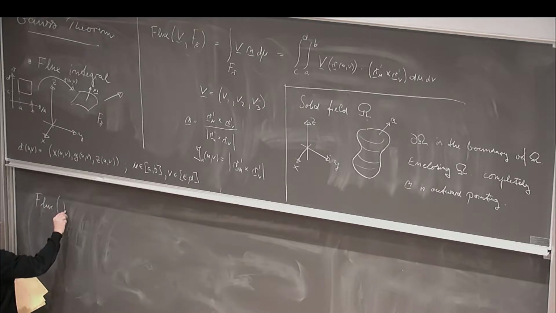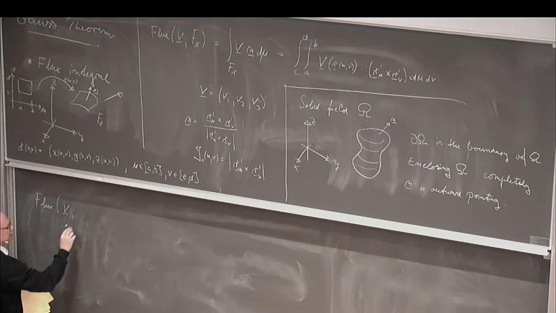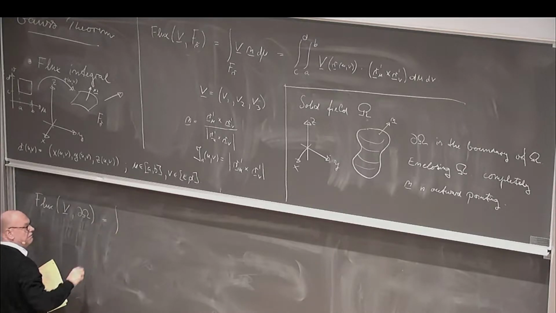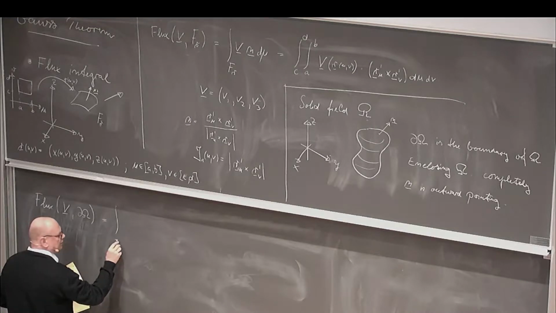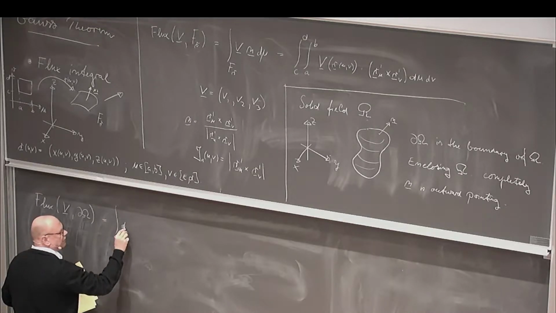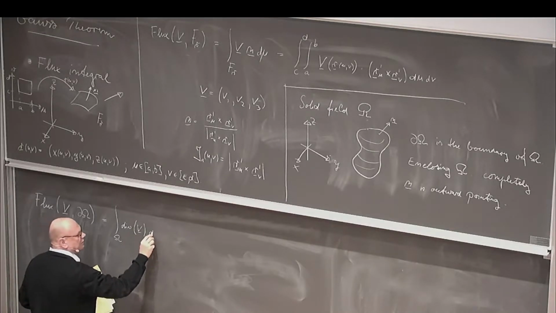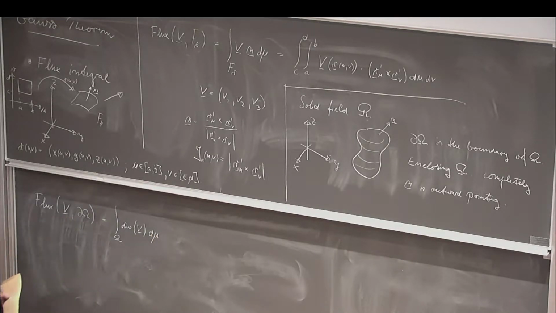It's the flux of the vector field through this boundary of my solid. If this is the case, then this is the volume integral of the divergence of the vector field, like this.